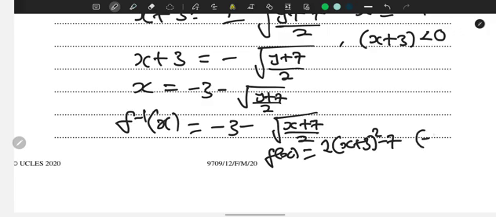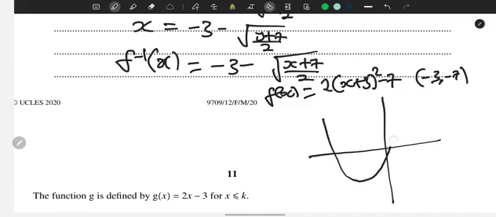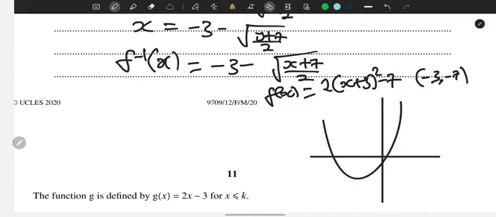So the turning point here is minus 3, minus 7. And that means the turning point must be in the third quadrant. That's the meaning. So let's quickly look at that. We have something like this. So this is the turning point.